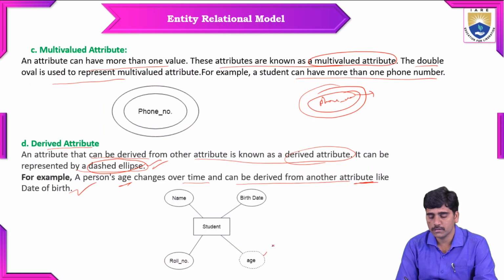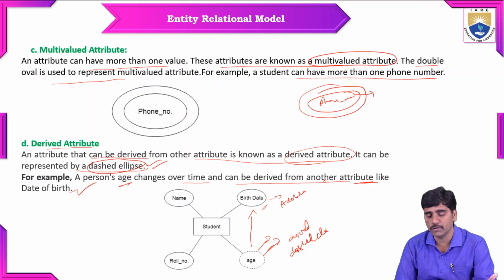So here the age is the derived attribute, and it is in a dashed ellipse, and this will be on the basis of the birth date attribute. So based on this, only age can change. Age can change every time for the user.